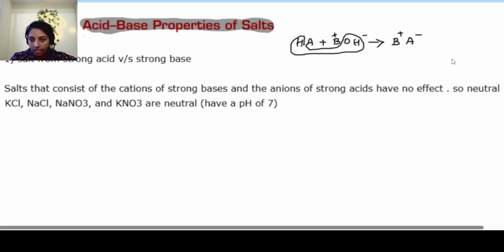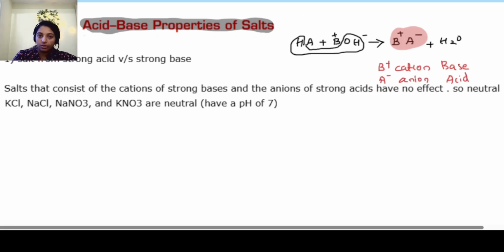This is a positive negative ion combo, and that is nothing but salt. An ionic compound is what we call salt. You can see the B plus, the cation, comes from the base, and the anion always comes from the acid. So this is the main idea.